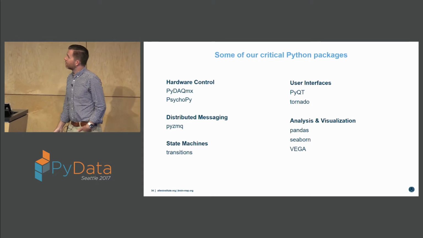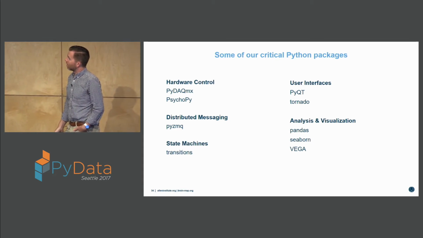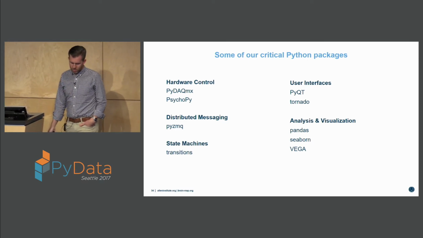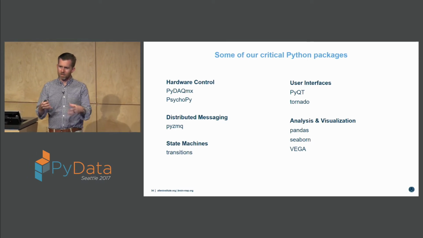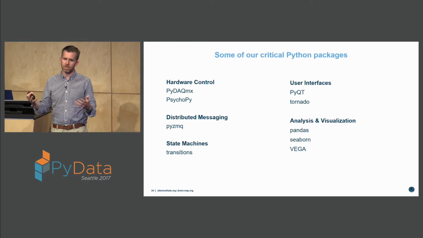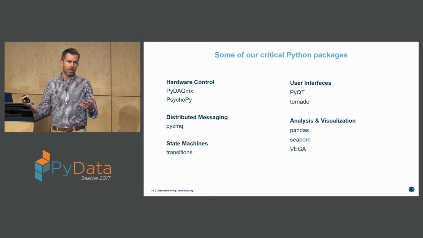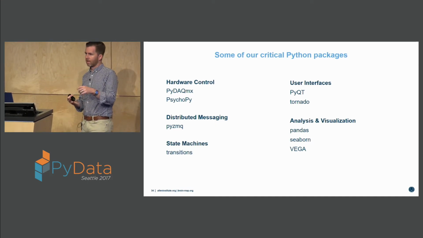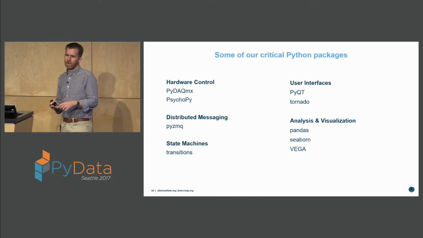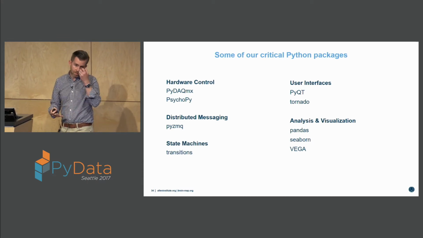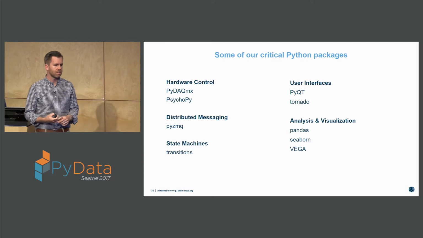As an overview, one of the things that's remarkable about this is that this isn't just one little corner of analysis that's using Python, but our entire architecture is built using Python at every level. Everything from dealing with distributed messaging down to hardware control, all the way up to building out our web visualizations and our scientific analysis.